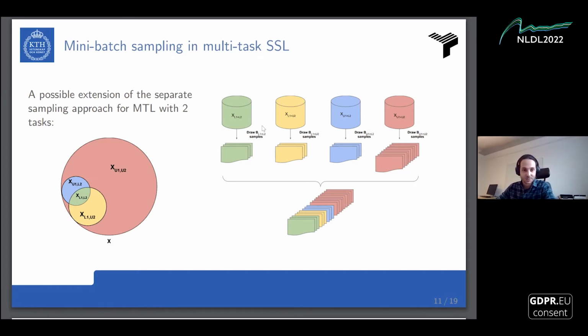This is only with 2 tasks. If we go to 3 tasks, we would be seeing 8 different subsets, and this grows exponentially with the number of tasks. So one can see that that's not a very promising approach if we have this class of problems.